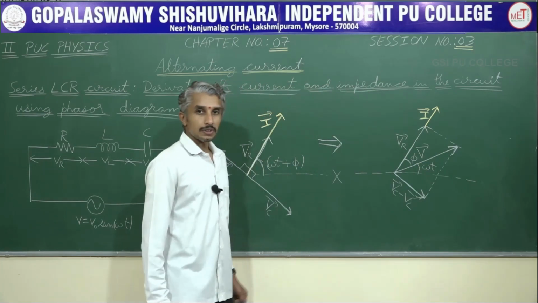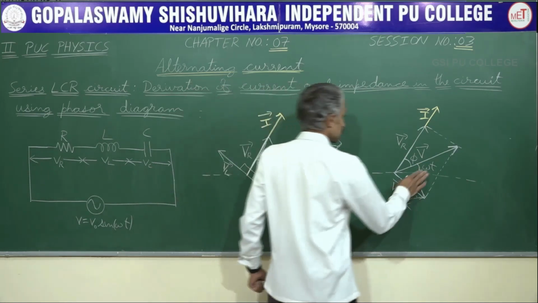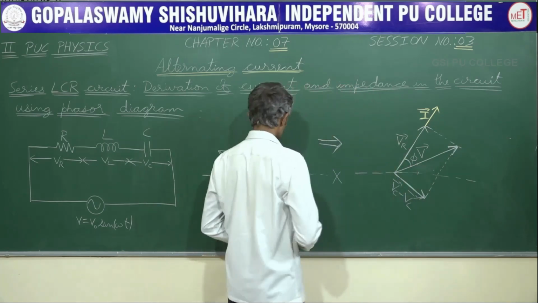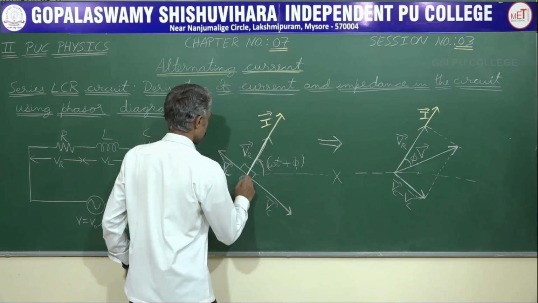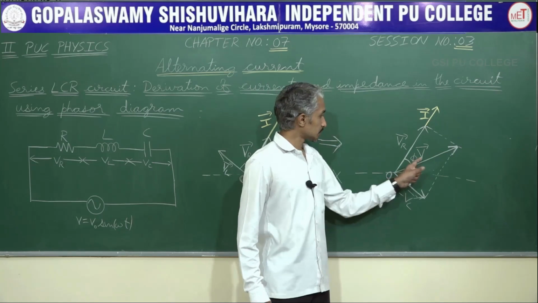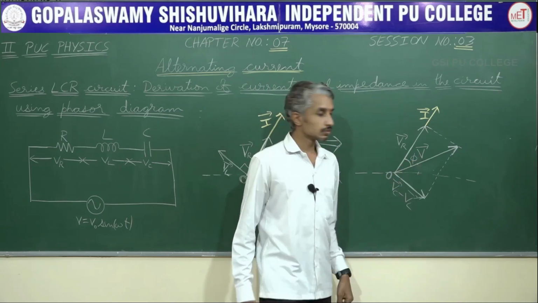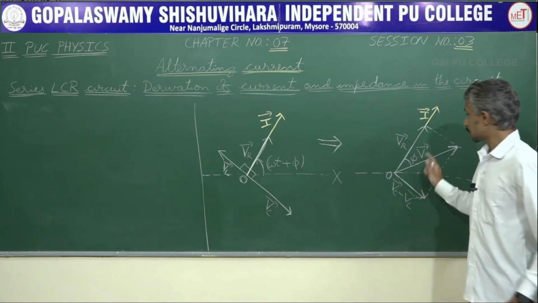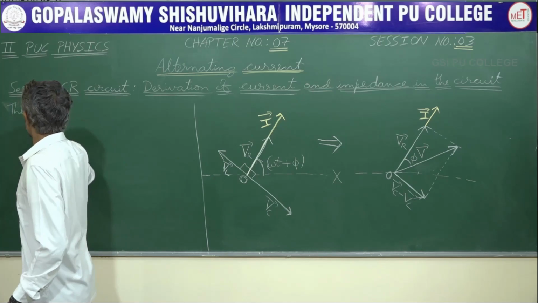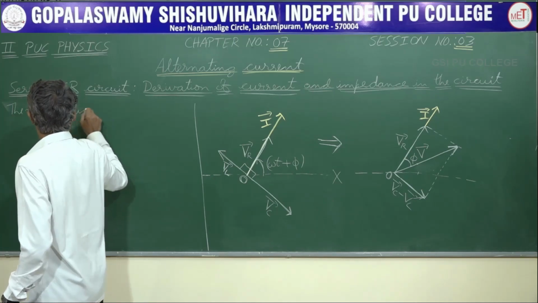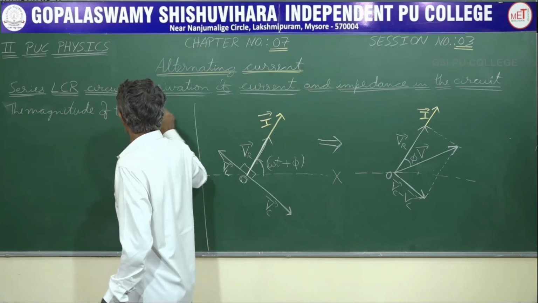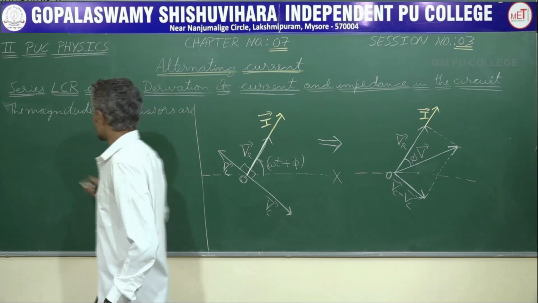For further calculation, presently, let us concentrate on this. Now, using the vector addition, let us find out what V is going to be. Before we do the vector addition, let us know the magnitude of the phasors.